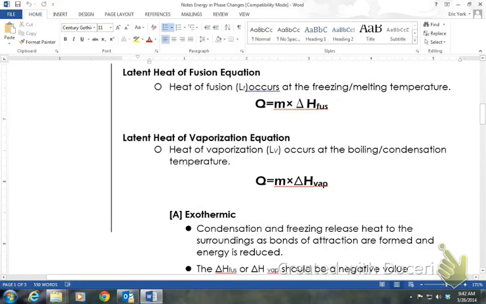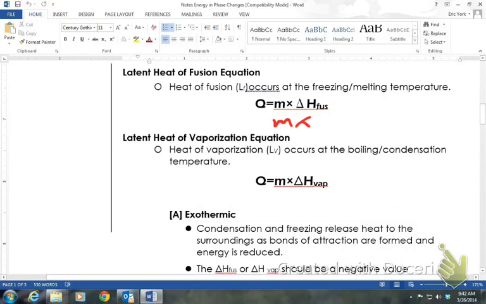Now you notice that with these equations, it's a little bit simpler. All you have to do is take your mass, and usually it's written in grams, and then you just multiply it by your delta H of fusion. So delta H of fusion, for example, for water, the units were in joules per gram. So you just plug in your delta H here, and then you multiply them together.